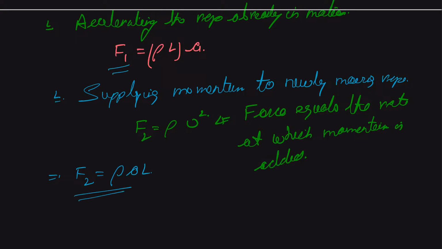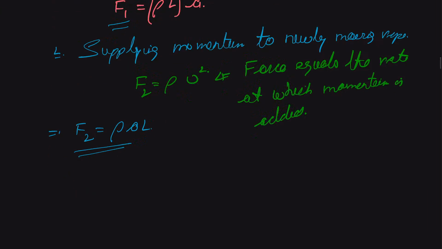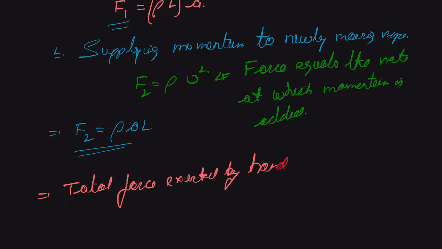So we got our two forces, which basically means the total force exerted by the hand, which we have called F, will be equal to the summation of these two forces.